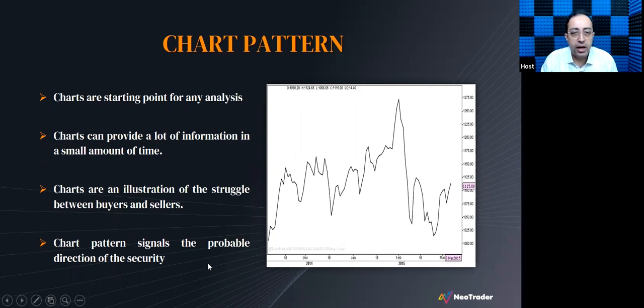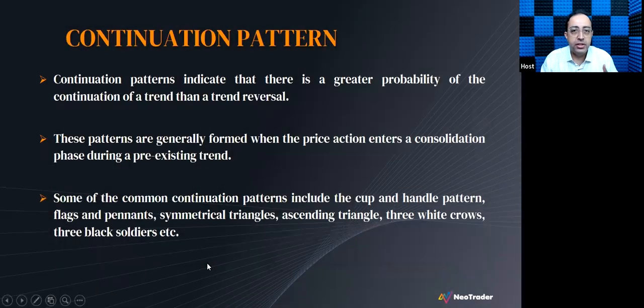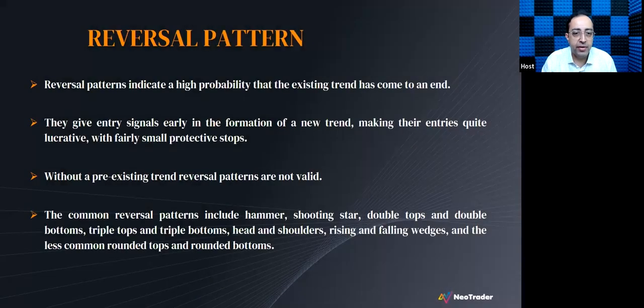It could either be a continuation pattern, which says that the prices which have a trend now have taken a pause and will continue further, or it could be a reversal pattern. A reversal pattern is where the prices are continuing now, but it says that the trend which is going on right now has come to an end, and you could see a reversal from here. So this gives you a very low risk opportunity.